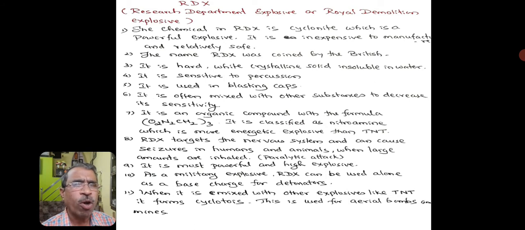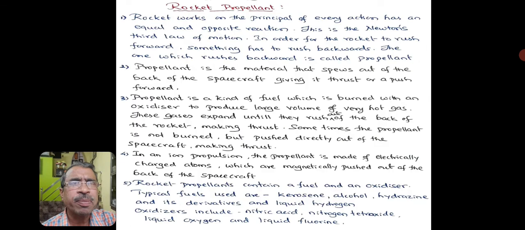This is used for aerial bombs and in case of mining. So this is about the three important explosive materials. Now coming to another phenomenon known as rocket propellant.